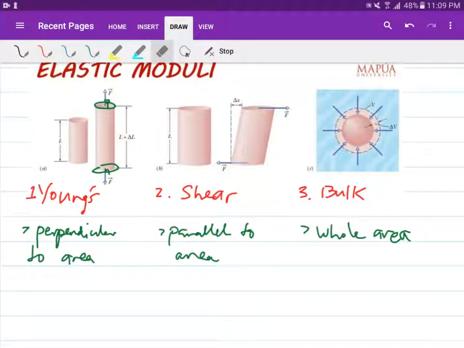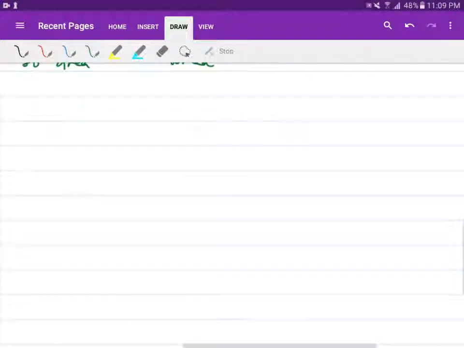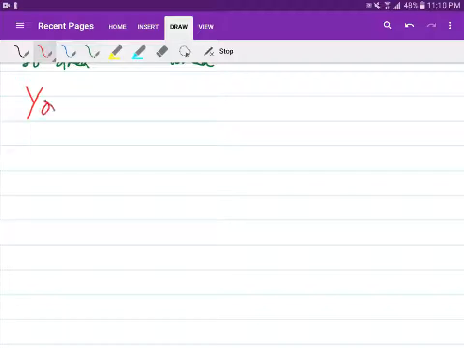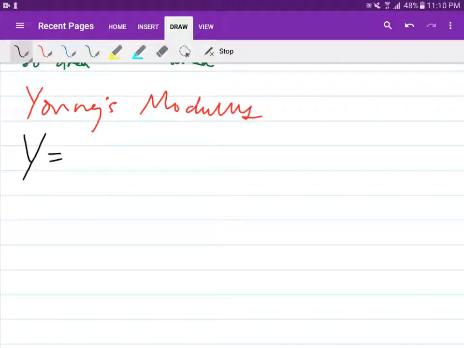Now, how do we calculate Young's, shear, and bulk modulus? First, let's see how to calculate Young's modulus. Just like the normal elastic modulus, Young's modulus Y is defined as stress over strain.